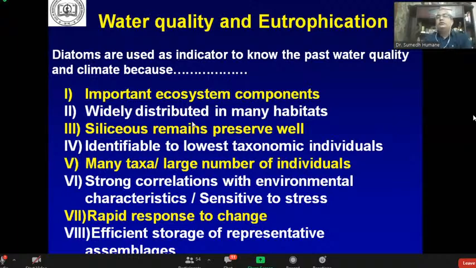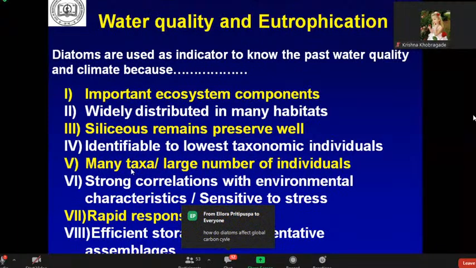They are widely distributed in many habitats. Their siliceous remains are preserved nicely in almost all types of sediments. You can identify these diatoms down to the lowest level, the species level. Individually, you can very clearly identify them. Diatoms are always present in large numbers in most of the samples, and they have a strong correlation with environmental characteristics.